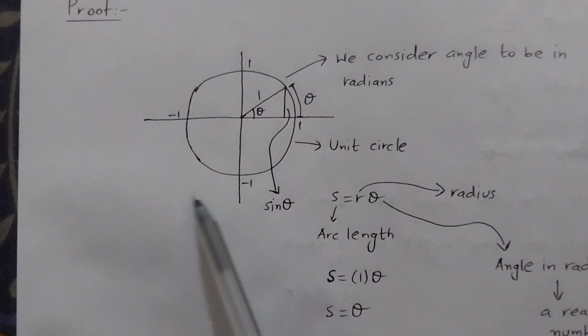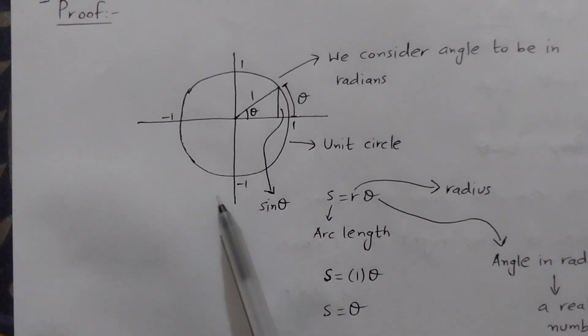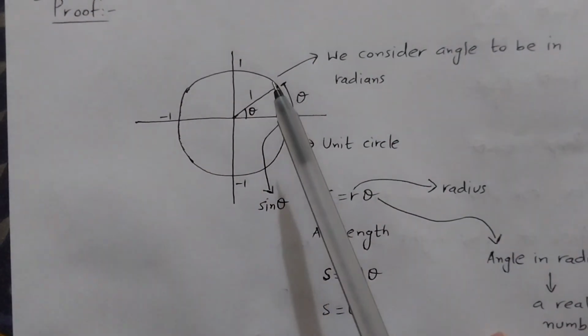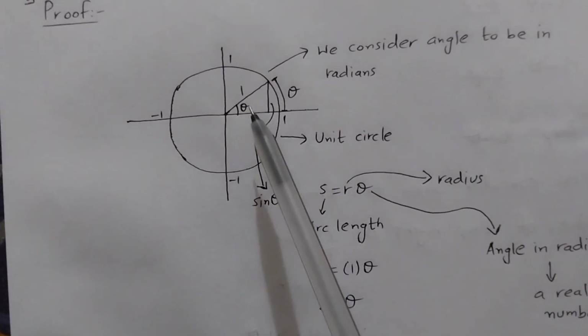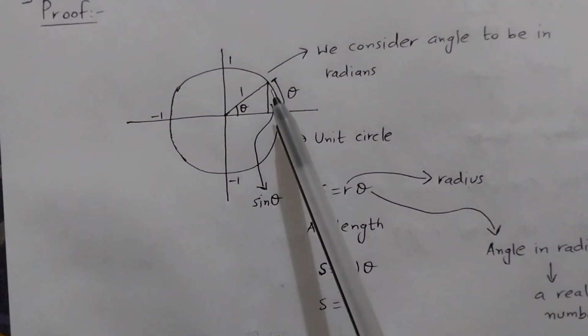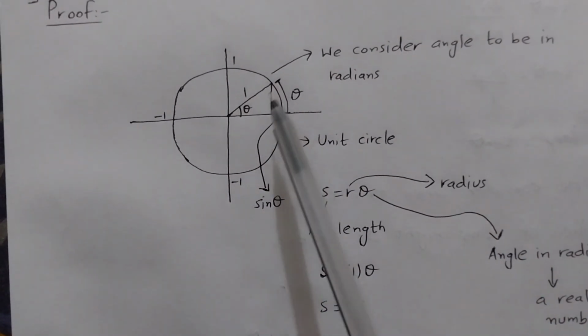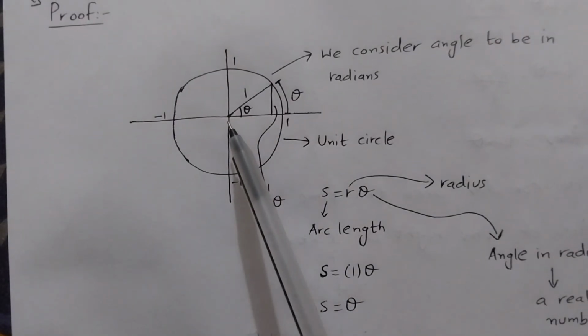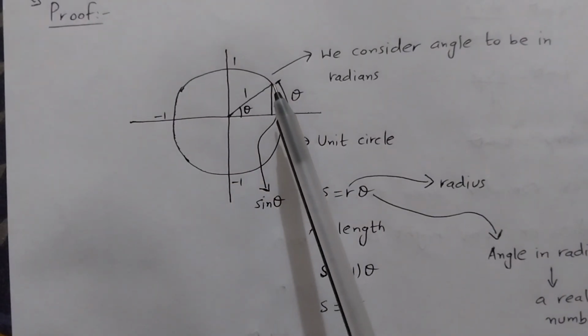For that, I have drawn this unit circle, and we have taken a point on this unit circle, and I've drawn a right angle triangle using this point.